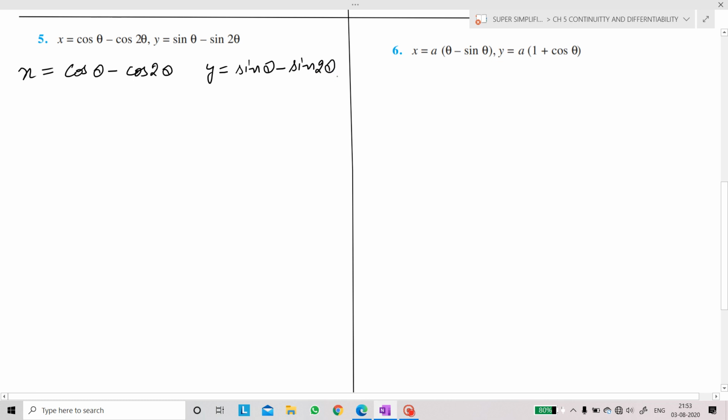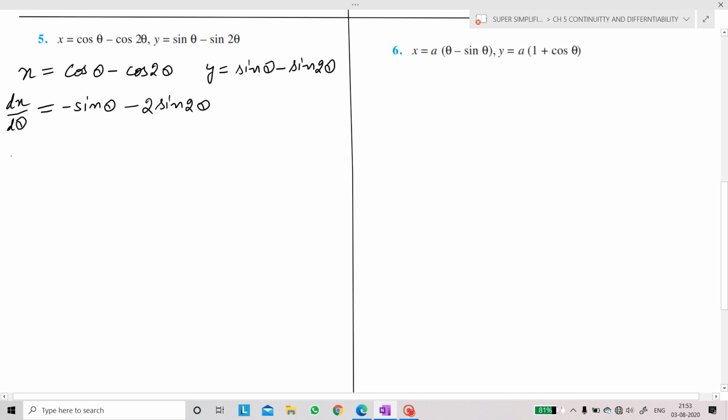So we differentiate both the expressions with respect to theta. The derivative of cos theta will be minus sin theta and the derivative of cos 2 theta will be minus sin 2 theta, but the derivative of 2 theta is 2. So minus 2 sin 2 theta.